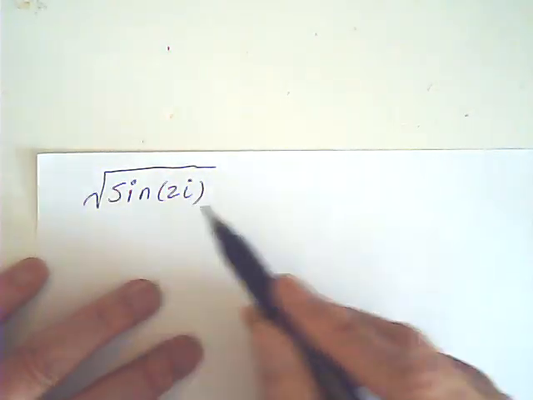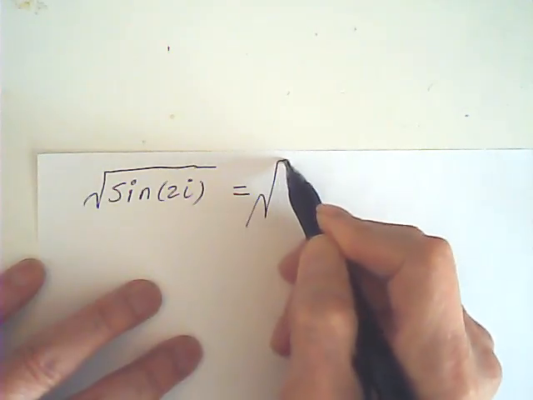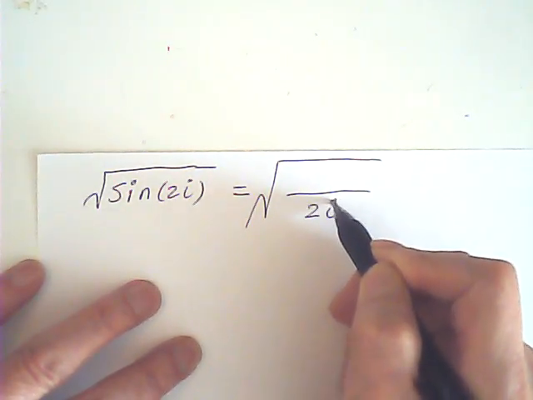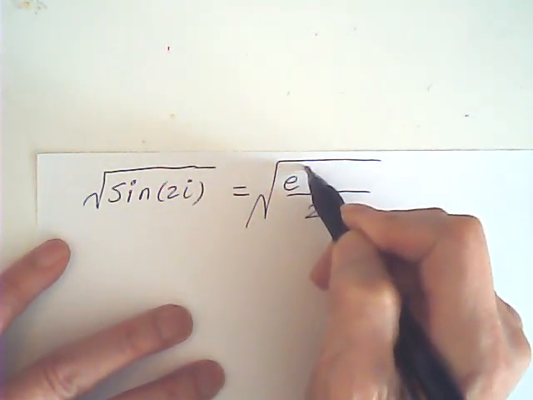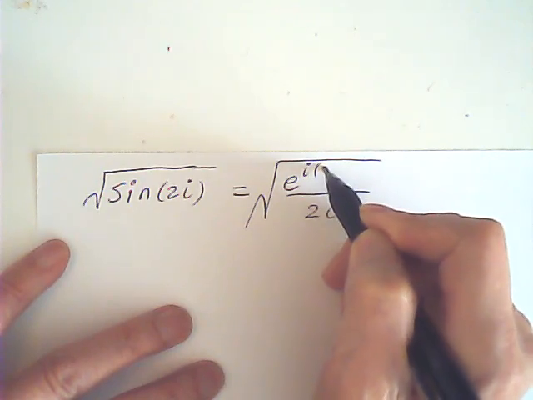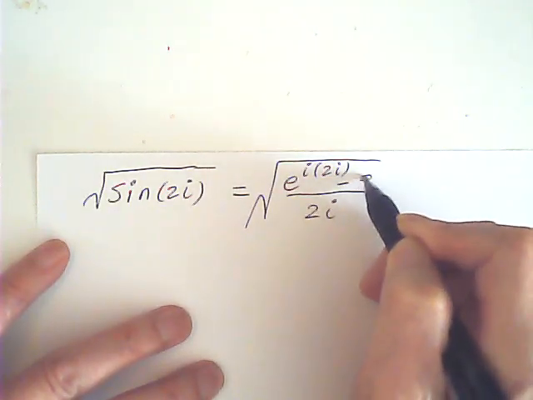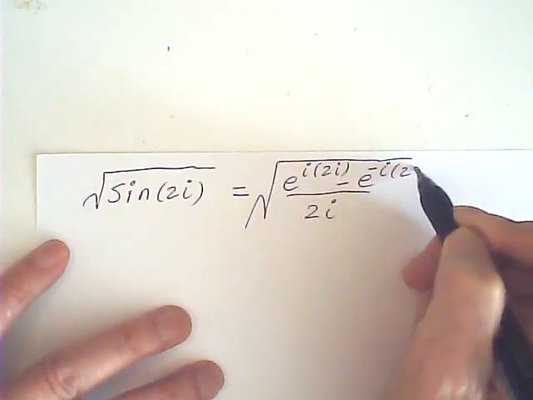Okay, now we can use the formula that is 1 over 2i, e to the i 2i minus e to the negative i 2i.